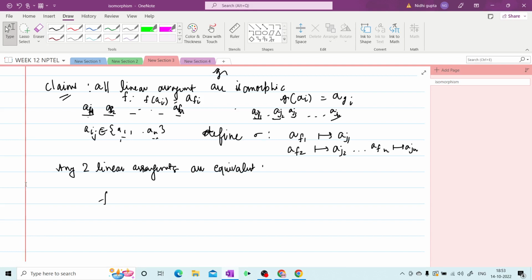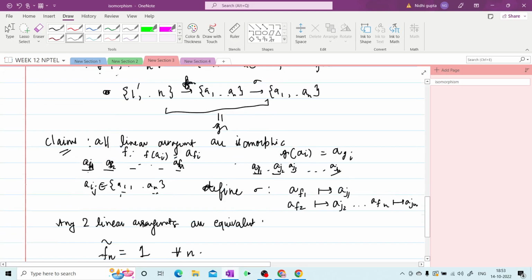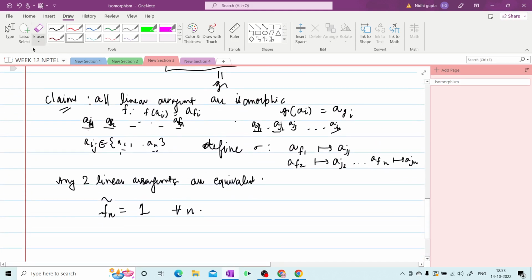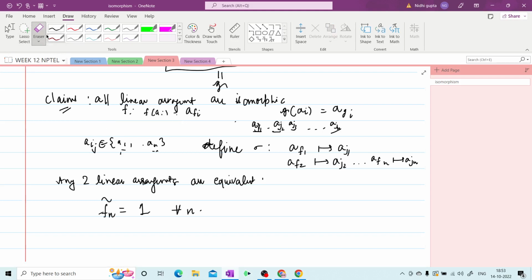So here also f tilde will just turn out to be 1 for all n. So we see that all linear arrangements are isomorphic.